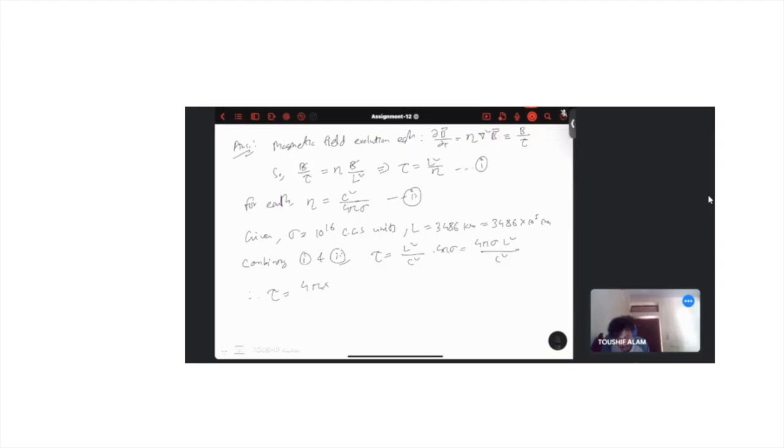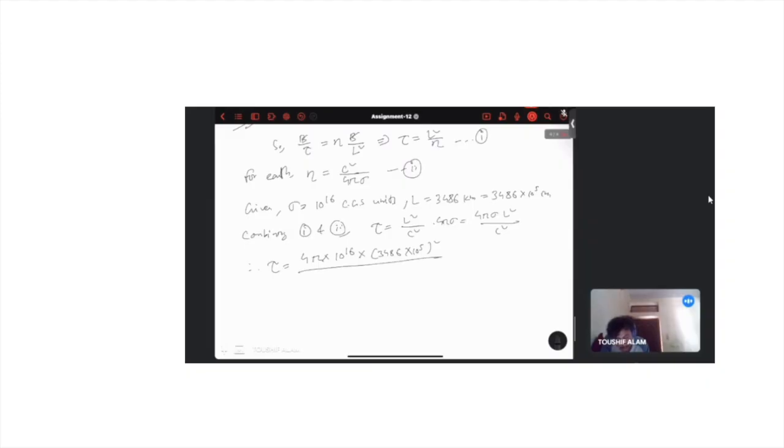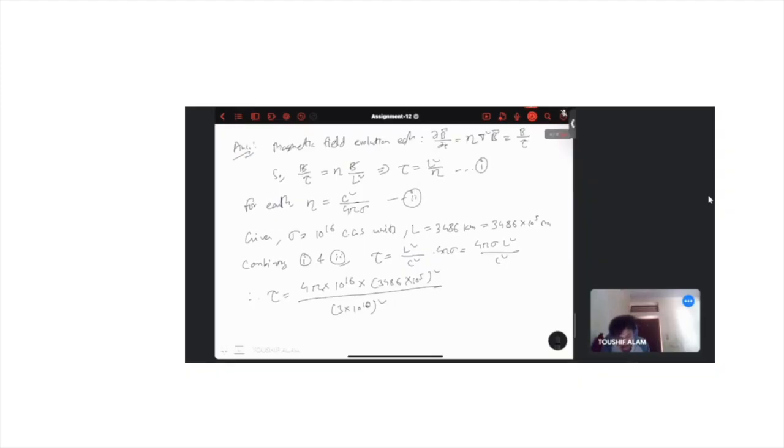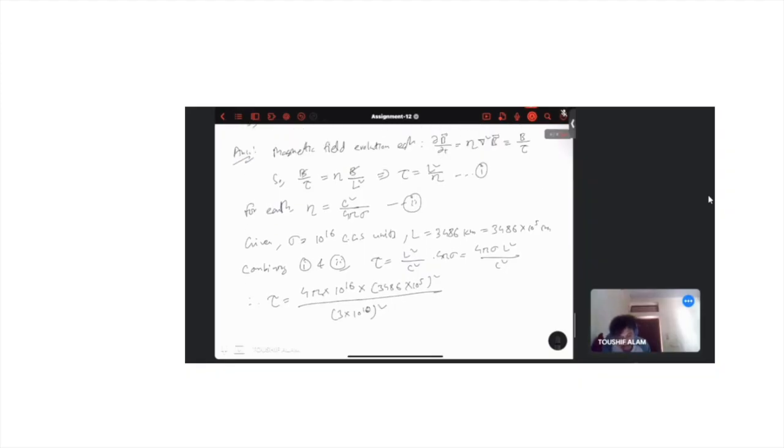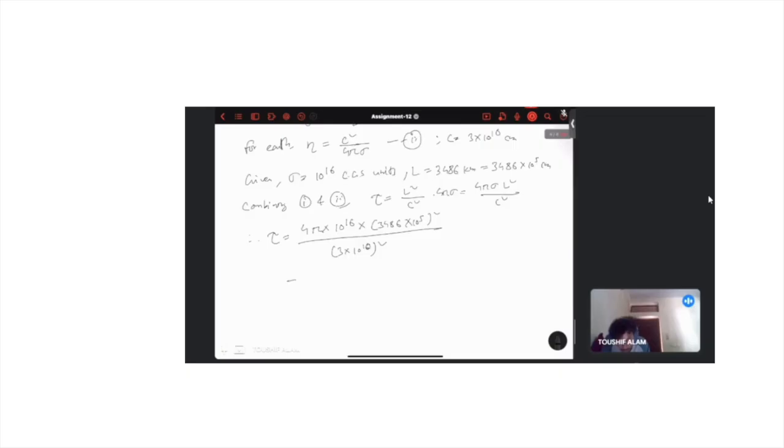Tau is equal to 4 pi times 10 to the power 16, L square is (3486 into 10 to the power 5) square, over the speed of light, 3 into 10 to the power 10, square.